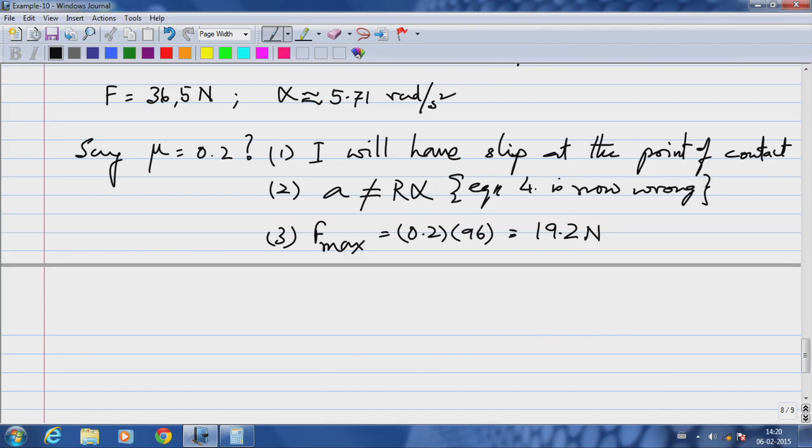Clearly we do not have that. So, essentially the two surfaces, the sphere and the inclined plane, do not have sufficient friction between them, which means we will have slip, which also means that F in the free body diagram will take on the maximum value possible.